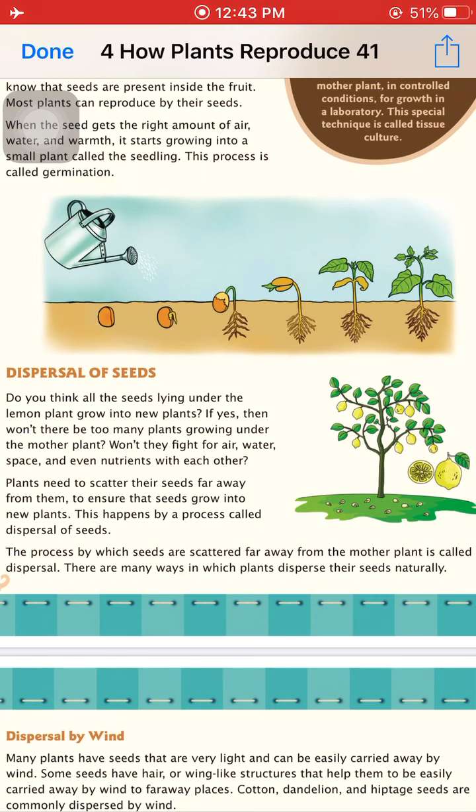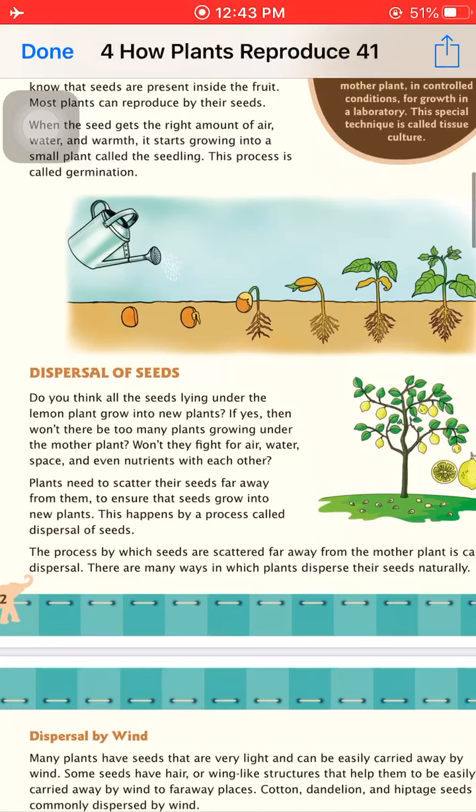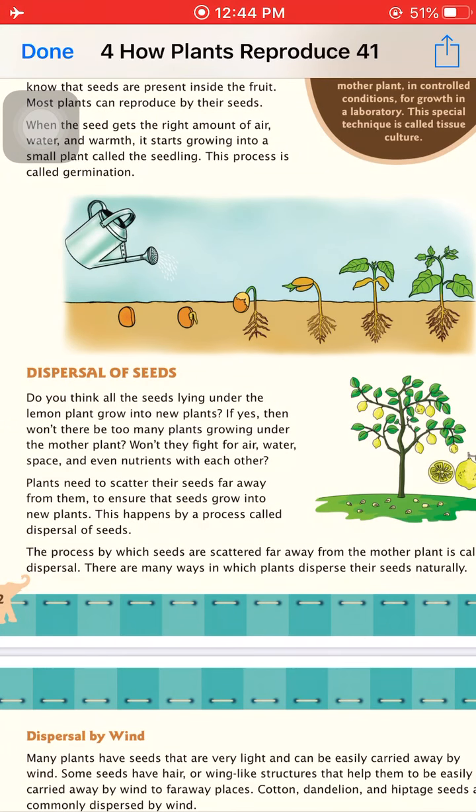First of all, it is not possible that all the seeds lying under the mother plant grow. If they grow, they do not get a proper amount of air, water, space and nutrients. So some of the plants die, and some of the plants that grow are not healthy or not grown in a proper way.